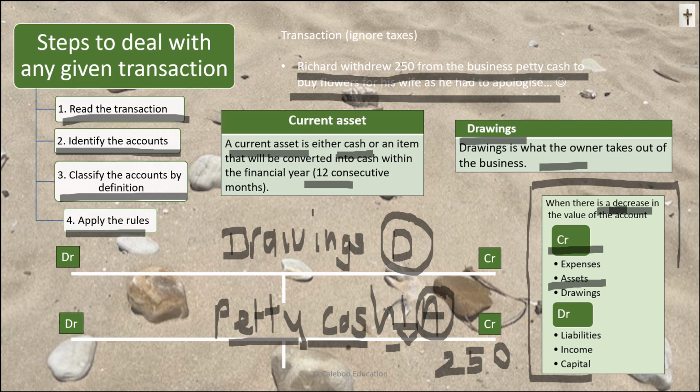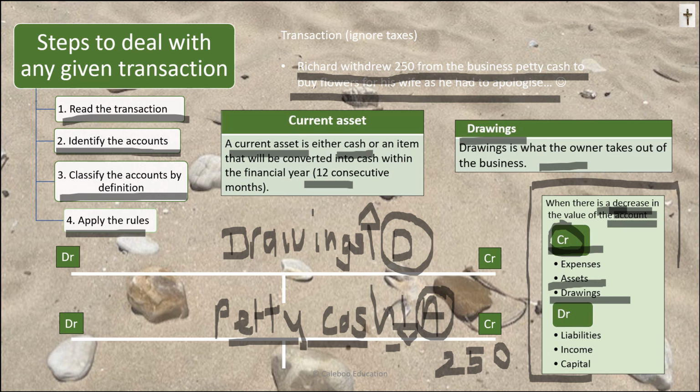Now, drawings, there's an increase in drawings, and I haven't got the rules up here, but when there's a decrease, what happens to drawings? It is credited. But this now is an increase, not a decrease.